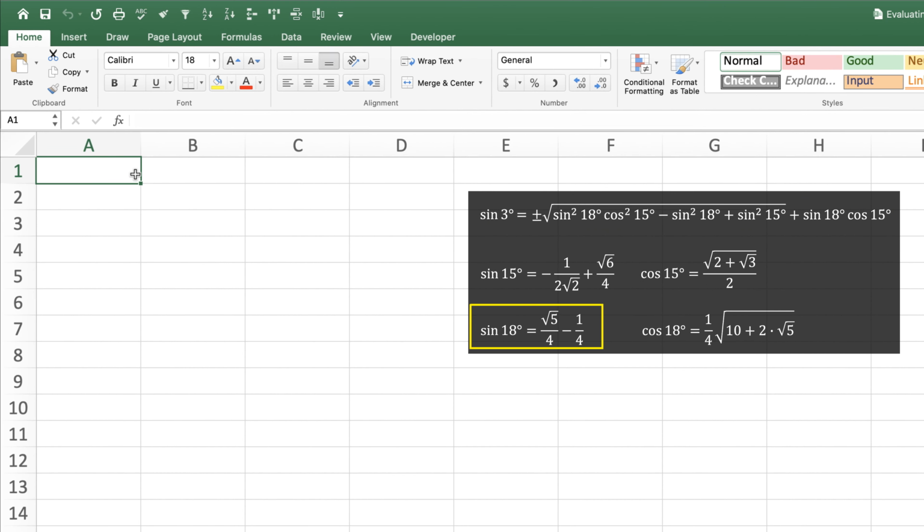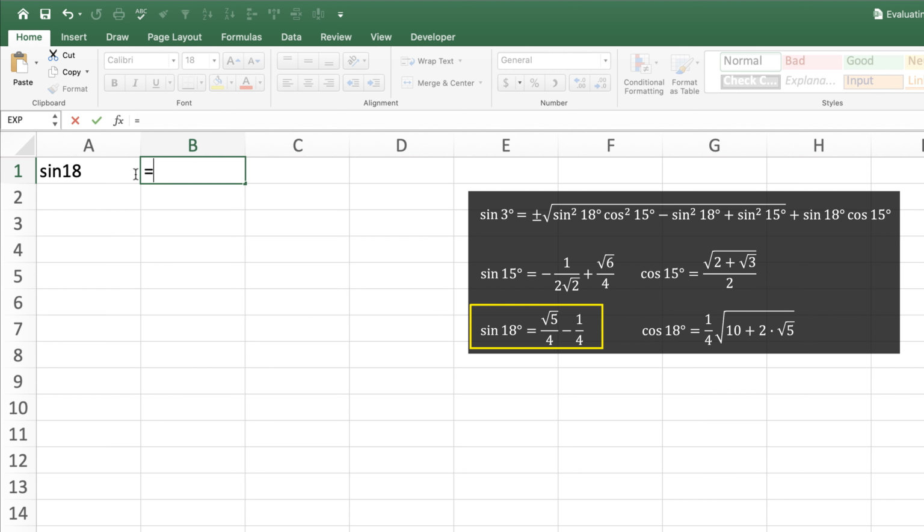Let's type sin18 first. This is the name to remind us what it is. Equals to square root of 5 minus 1 over 4. So SQRT is the Excel formula to take square root. The input number is hosted inside the bracket. You need a parenthesis here. Then we need to square it.